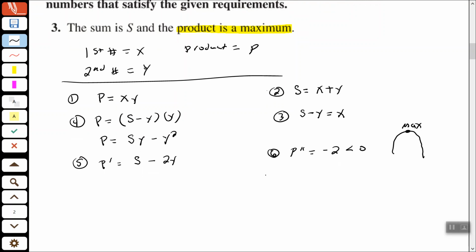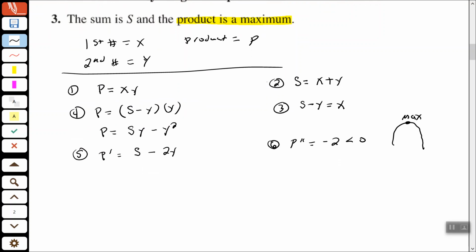Okay, so let's go ahead and go through our first derivative. Let's set it equal to 0. Solve for y, so we need x and y are the numbers that we're looking for.